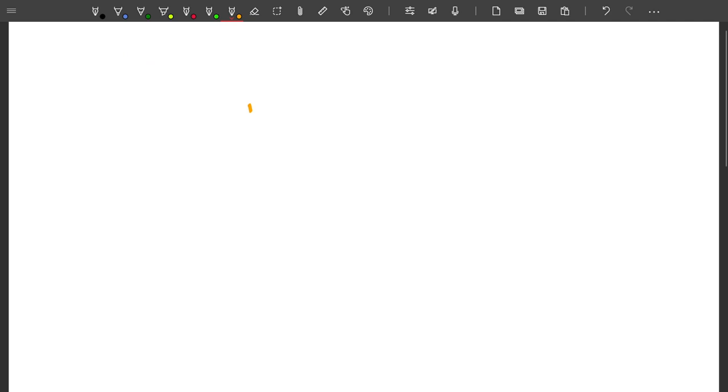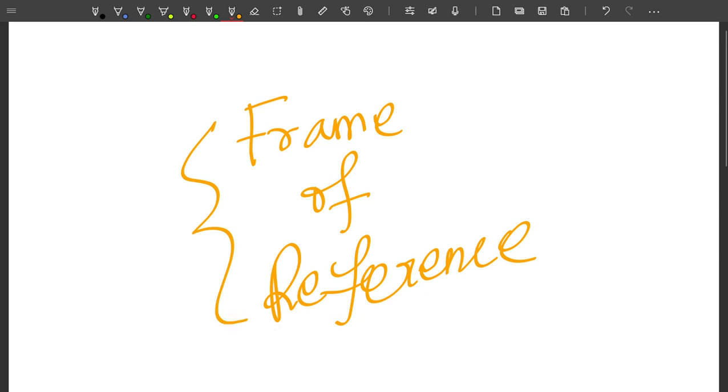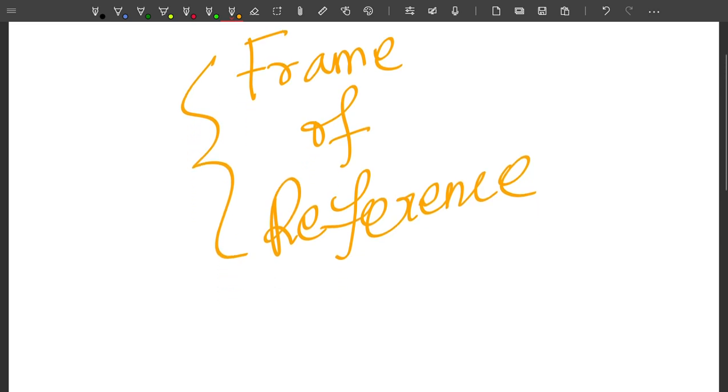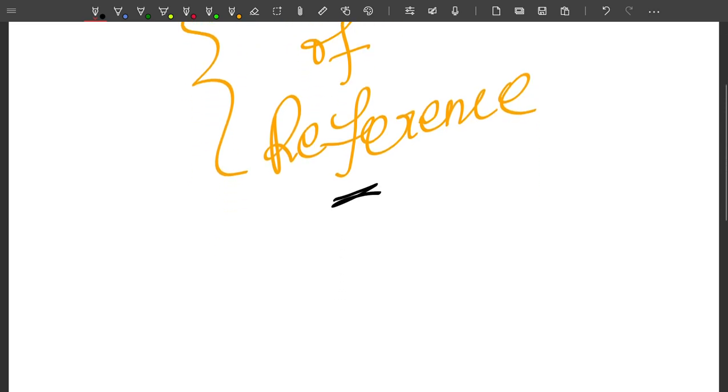There is a term called frame of reference. You will come across this term not now but in higher standards. But let me give you a small example of what the frame of reference is.